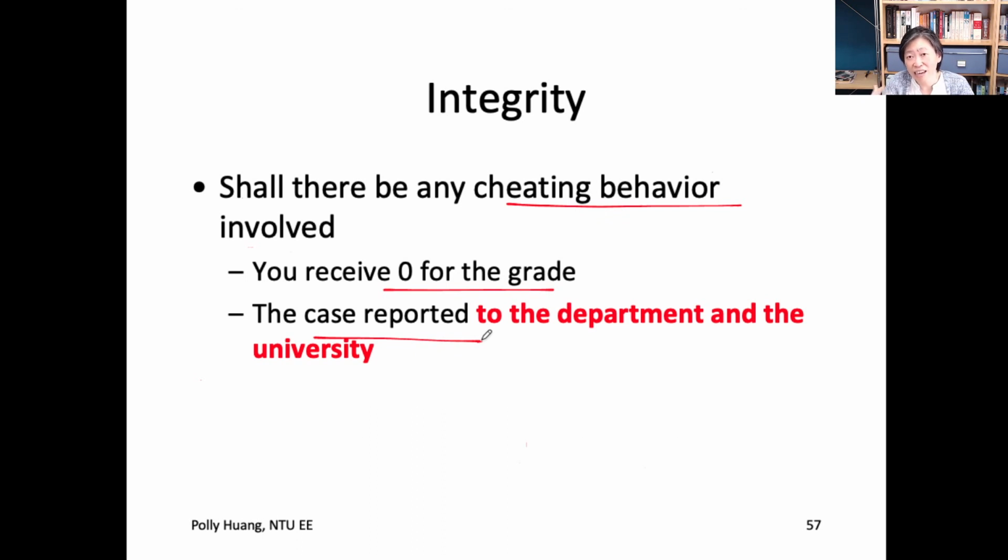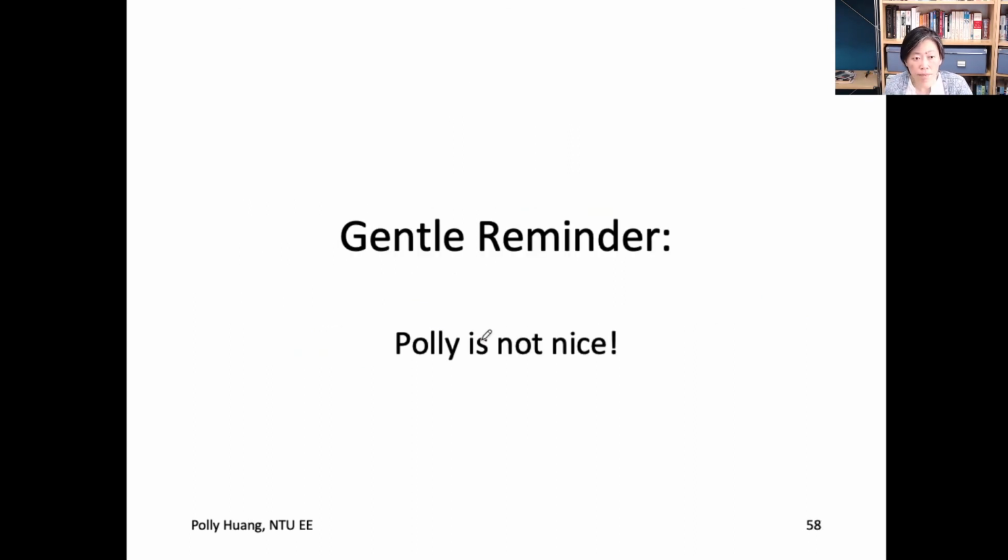I cannot change who I am, but I have to be fair, playing the role of the instructor. Poly cannot be nice. If I'm nice, then I'll also be not nice. I'll be contradicting myself. I just cannot live with that. Can you?